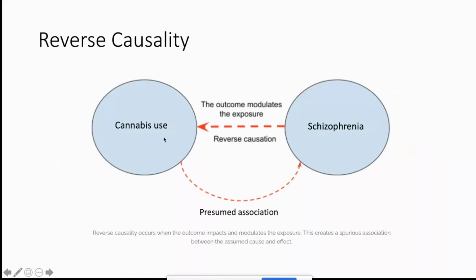Patients with schizophrenia might be experiencing distressing symptoms and they might use cannabis as a way of alleviating these symptoms. So we don't know whether cannabis is causing schizophrenia or whether schizophrenia could be causing people to use cannabis. So not only is there risk of confounding, there's also the risk that the true association might be masked because it could be happening in reverse.